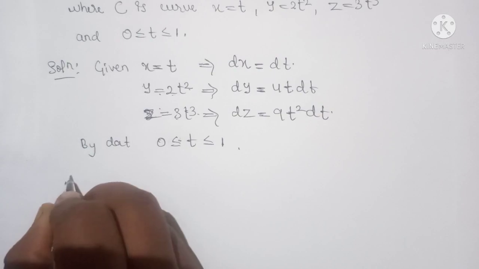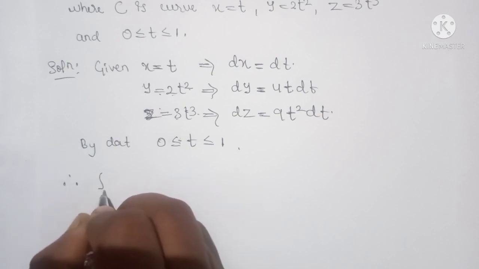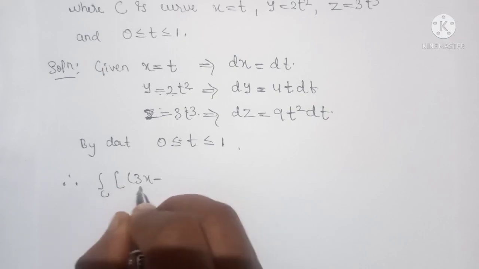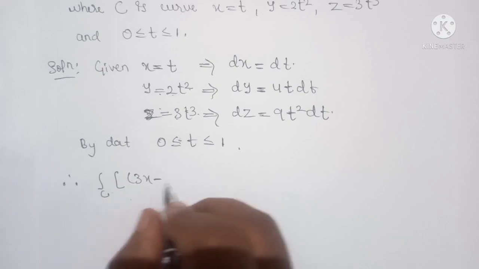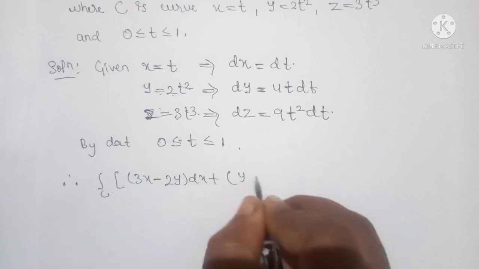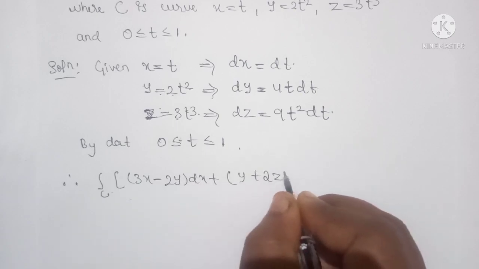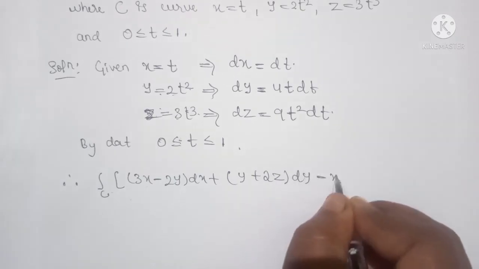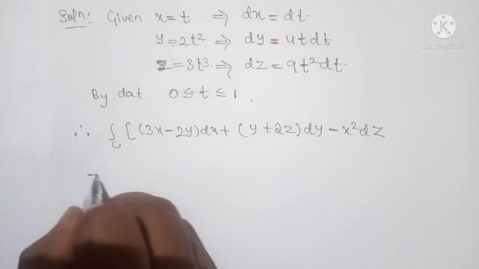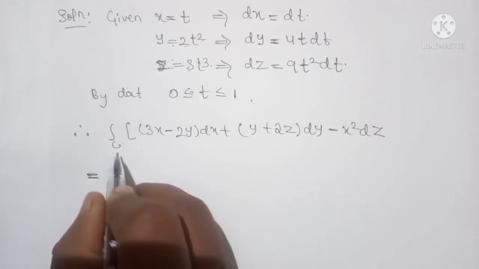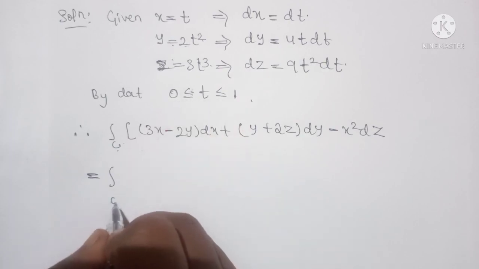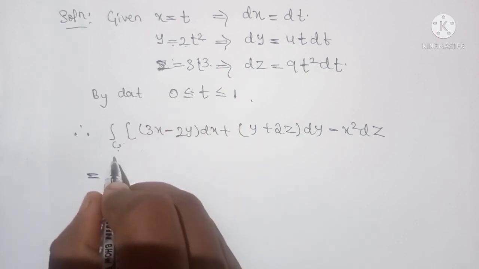So therefore the given integral is the integral of (3x minus 2y) dx plus (y plus 2z) dy minus x square dz. We substitute all the values here. First, C is given by t varying from 0 to 1.